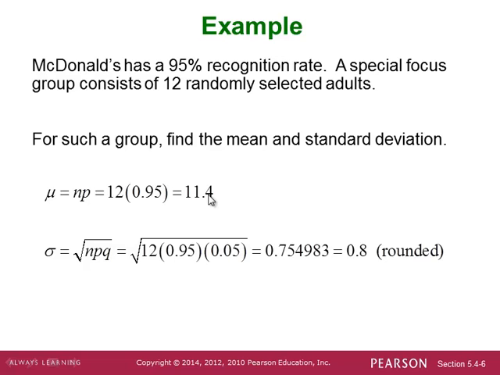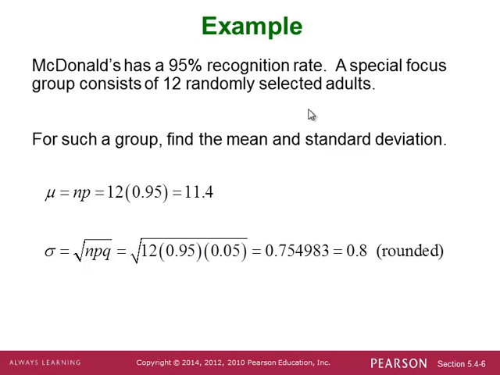And also for this binomial distribution, sigma, standard deviation, is the square root of npq. n is 12, p is 0.95. 1 minus p, which is q, is going to be 0.05. And the square root of that product works out to be approximately 0.754983. In other words, about 0.8. So there's an example of us calculating the mean and the standard deviation for this distribution.